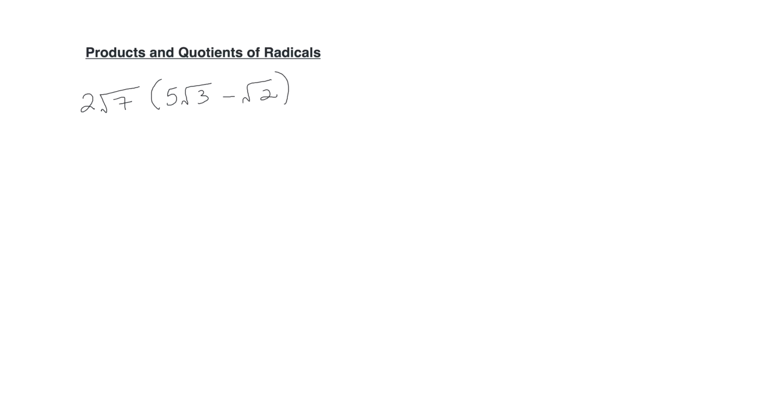First thing I'm gonna do is put an invisible 1 here. And it's outside times outside, square root times square root. So 2 root 7 times 5 root 3. 2 times 5 is 10, square root of 21.